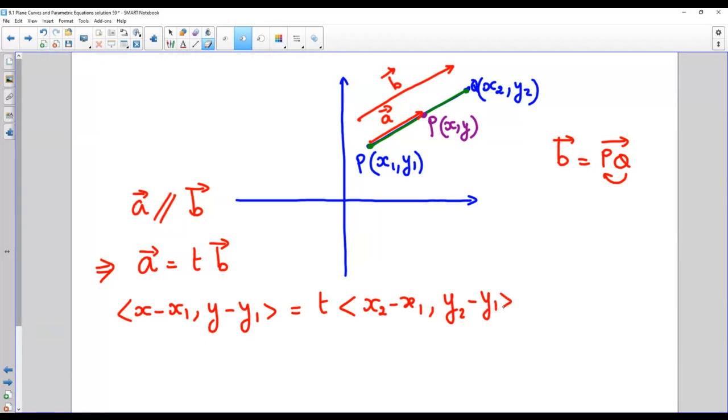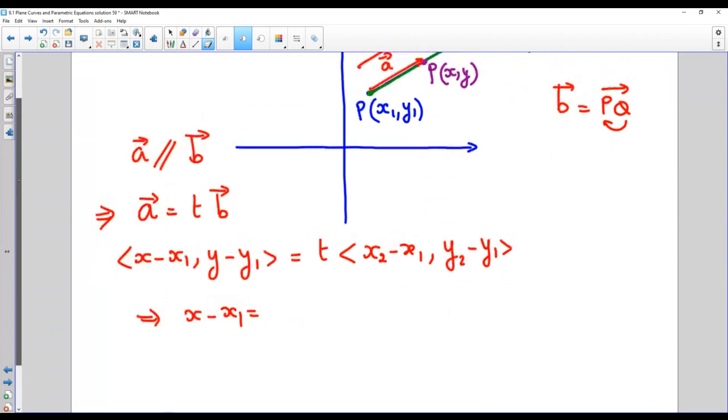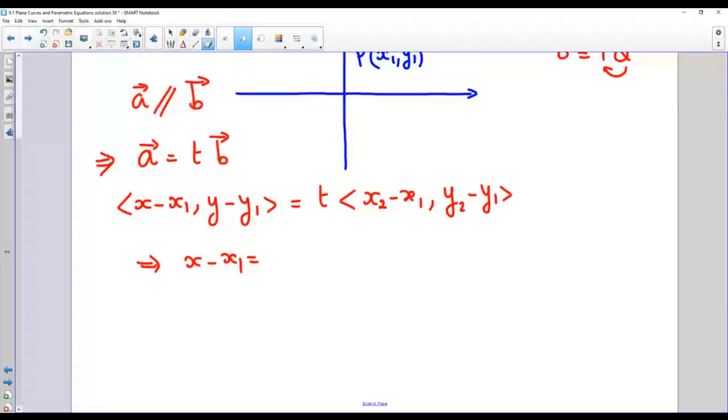So from here, we get actually two equations. We get x minus x1 equal to t times x2 minus x1, like this.